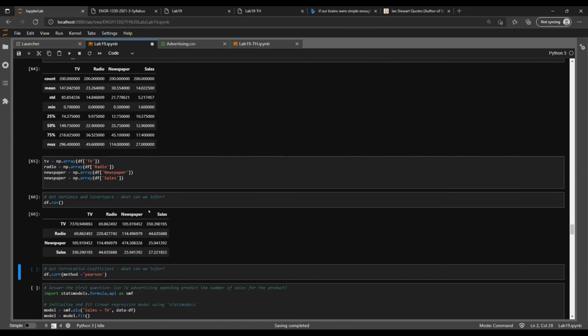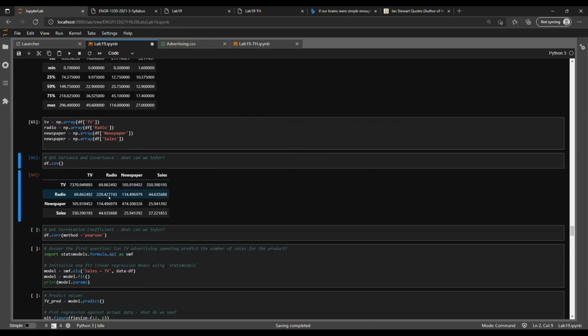Let's look. So what is the covariance of the TV advertisement budget with the TV advertisement budget? It's just the variance. But now we can see anything that's not on the diagonal is worth looking at. And you notice that this is a symmetrical matrix.